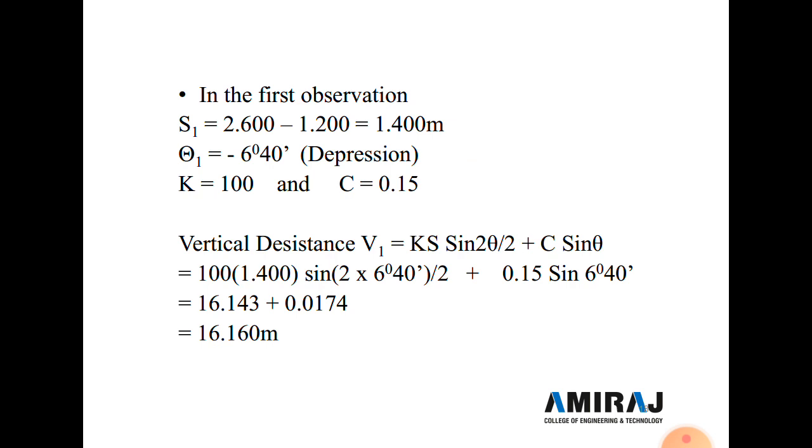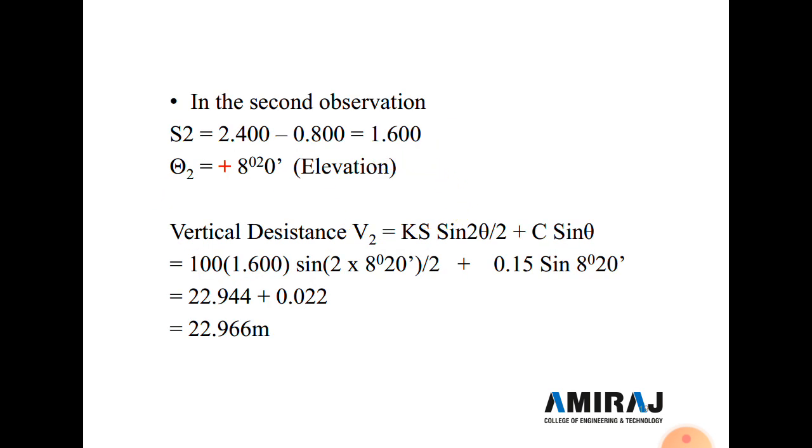In the first observation, the staff intercept S1 is top minus bottom reading: 2.60 minus 1.20 is equal to 1.40 meters. The angle theta 1 is minus 6 degrees 40 minutes, so it is a depression. K and C values are already given in the example. If not given, we put K equal to 100 and C equal to 0.